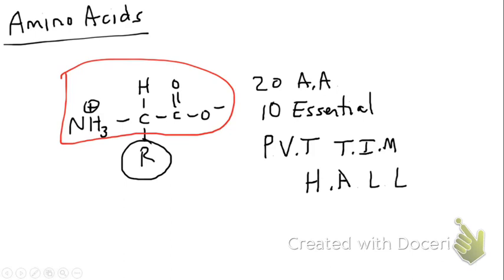We are not using the one-letter abbreviation codes for these amino acids. Arginine is R. Lysine is K. Phenylalanine is F. But to make sure that this mnemonic will hold, we're going to just use the first letters. So we have phenylalanine, valine, tryptophan, threonine, isoleucine, methionine, histidine, arginine, lysine, and leucine. Private Tim Hall. Those are the 10 essential amino acids.